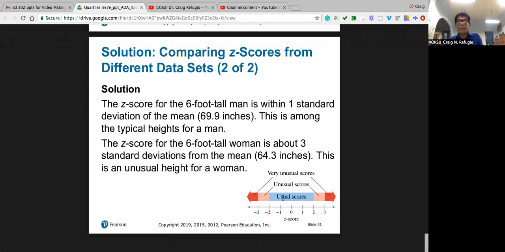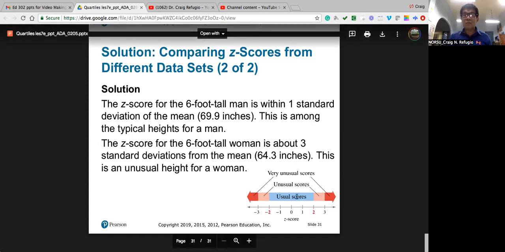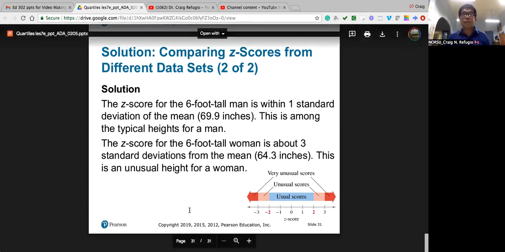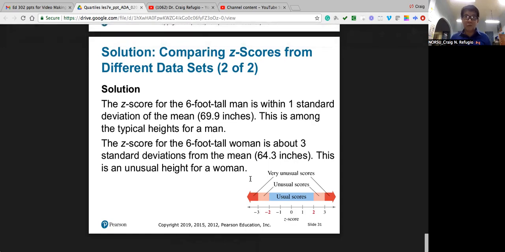So take note of that classification: from -2 to +2, usual scores; from -3 to +3, unusual scores; and those that belong to the red line segment, going to the right after +3 and going to the left after -3, are referred to as very unusual scores. So take note of those different things when you are comparing z-scores, applying that to different data sets.